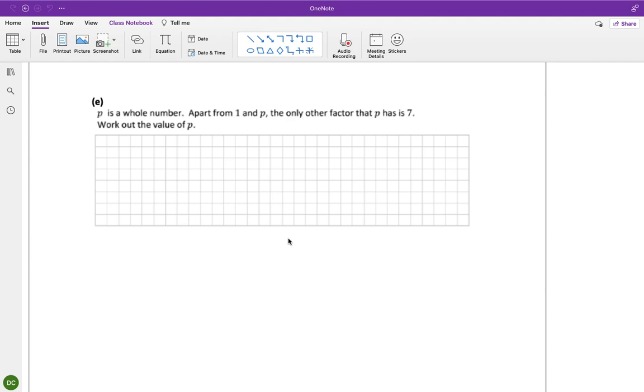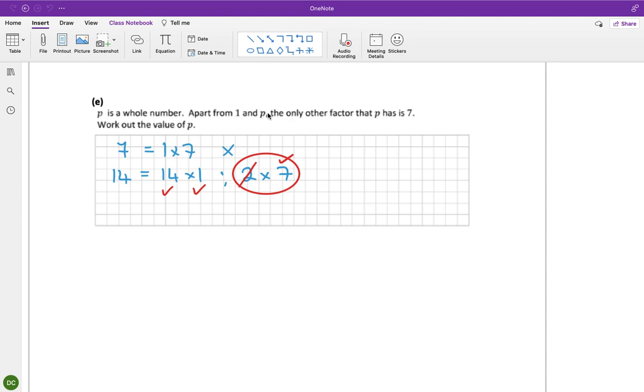So 7 is 1 by 7, but that's it, so it's not that. 14 is 14 by 1 and 2 by 7. So it said it's going to have 1 on itself, so that means this is fine and this is fine. But then it says the only other factor is 7. So the 7 is fine, but the 2 makes it wrong.